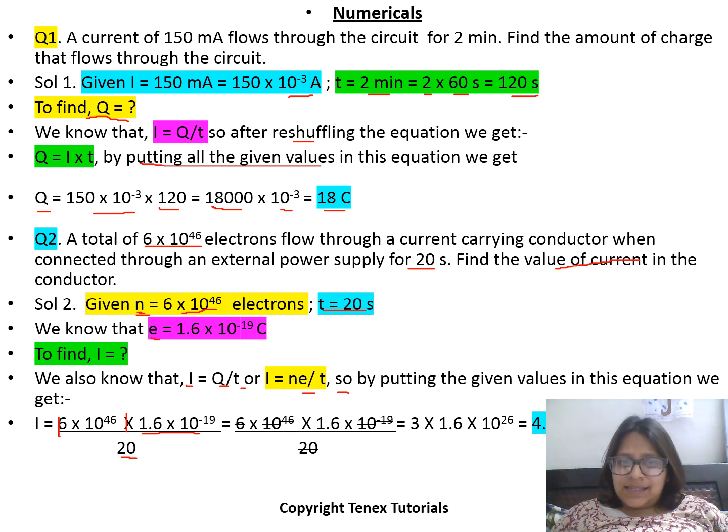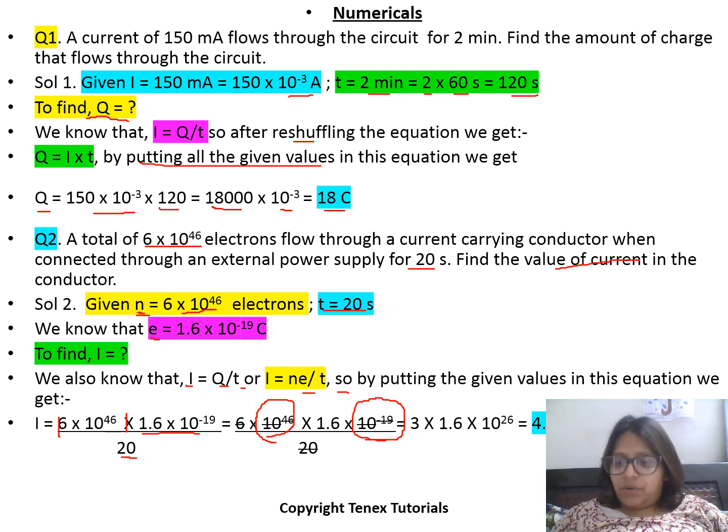When I cancel all these numeric values, what do I get? See guys, 6 divided by 20, I actually get 3 over here. And 10 raised to power 46 divided by 10, I actually get 10 raised to power 25. Further, I can combine this 10 raised to power 25 with 10 raised to power minus 19.